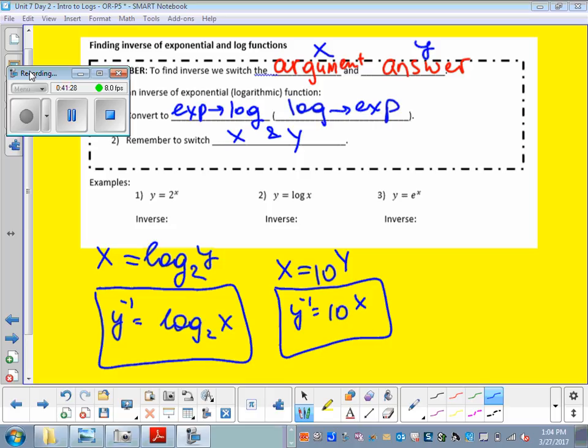And here's the number e. So I'm starting with what kind of function? Log or exponential? Exponential function is my original one, so I know that the inverse will be what? Log, but because the base is e, we spell it ln. And then the natural logarithm of y should give me x.